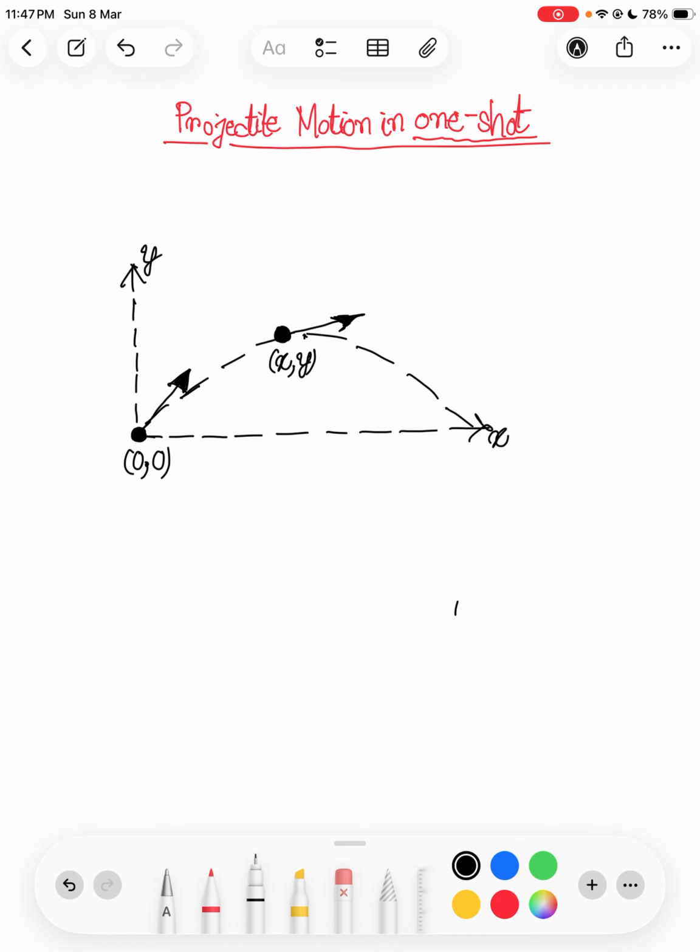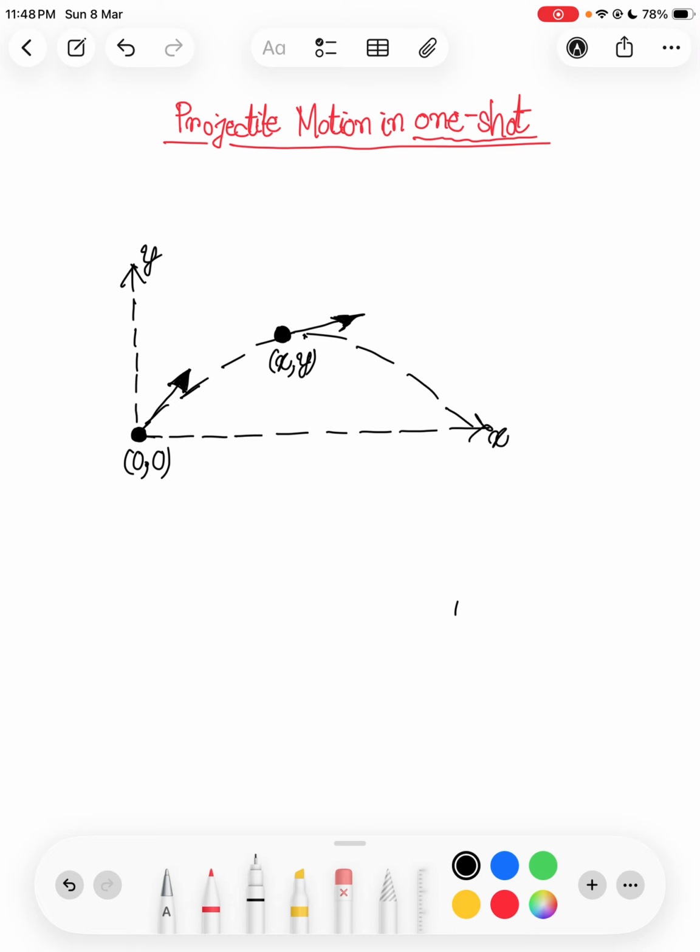And in this lecture, we will have some assumptions while we derive the necessary relationships. The first one will be that we will assume that there is no air resistance, which is not the case really, but for our calculations we will for now assume that there is no air resistance. Later we can introduce that if we have time.